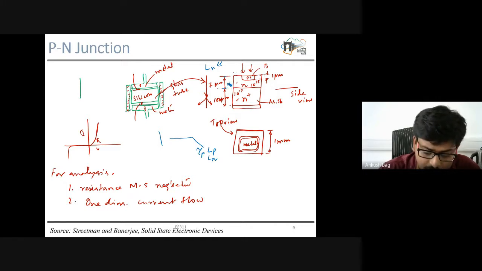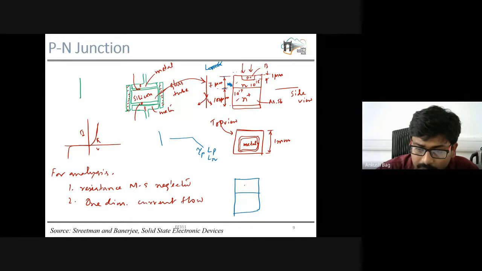Let's draw only the p-n junction portion, because that is the actual device.